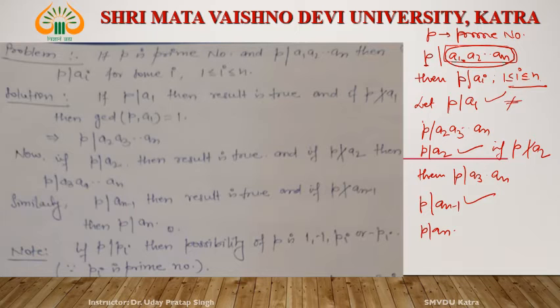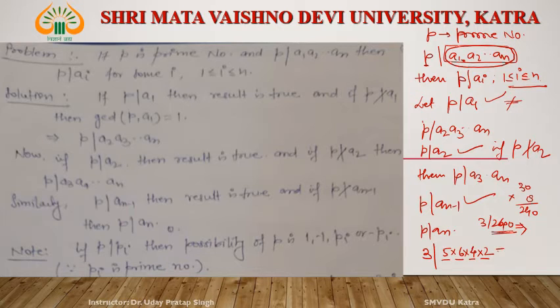Suppose this is 3. 3 divides 5 into 6 into 4 into 2. What is this number? 5 into 6 is 30, multiplied by 8, is 240. 3 divides 240, which is 5 into 6 into 4 into 2.